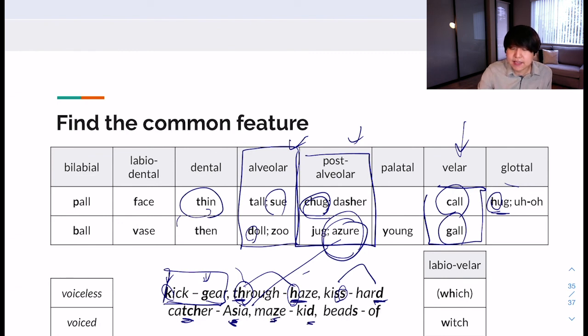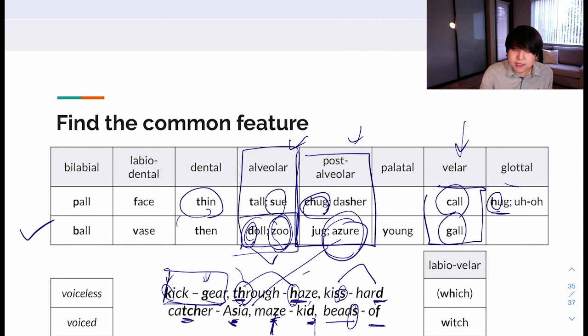Maize and kid, z is a voiced consonant over here, as in zoo. D in kid is a voiced consonant here. So they have two common features. They are both alveolar, and they're both voiced. Beads, z, of, v.